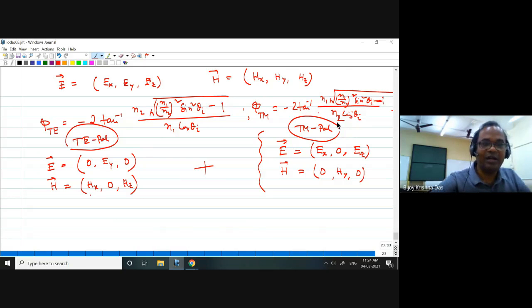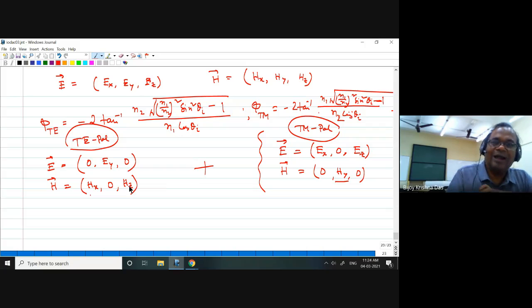I can treat them separately. I can just pick up the X and Z components of the electric field and the Y component of the magnetic field, and consider that as TM polarization. And from the same field, I pick up the Y component of the electric field and the X and Z components of the magnetic field, and that can be considered as TE polarization. This is the practical situation when you are doing mathematical analysis.